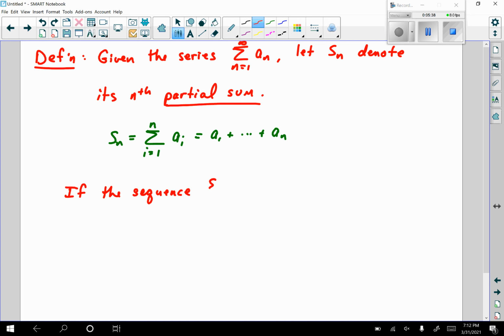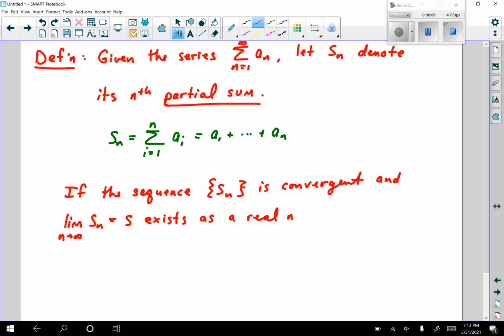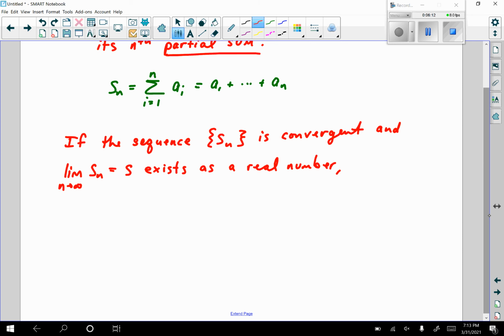So if the sequence S sub n, meaning we're no longer adding these, we're just looking at the terms themselves, is convergent, and the limit as n approaches infinity of S sub n is equal to some value S, which means it exists as a real number, then the series is also convergent.